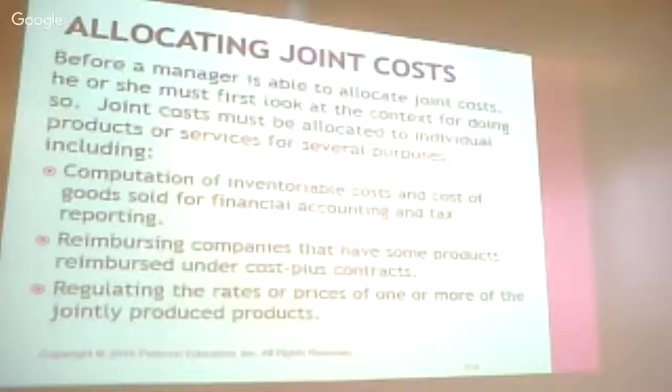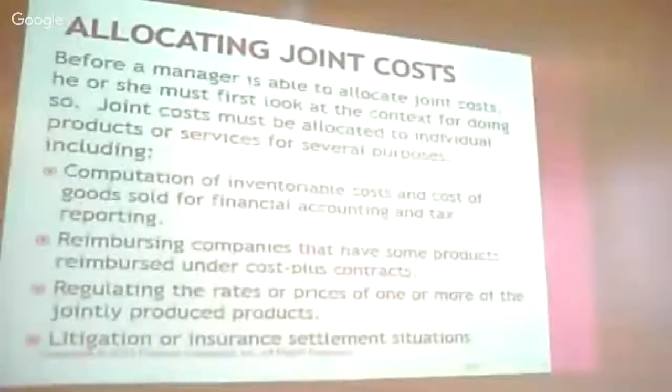So we need to know what is where, so we can account for it correctly on our books. Reimbursing companies that have some product reimbursed under cost-plus contracts. And then regulating the rates or prices of one or more of the jointly produced products. Oh, and litigation or insurance settlement situations.